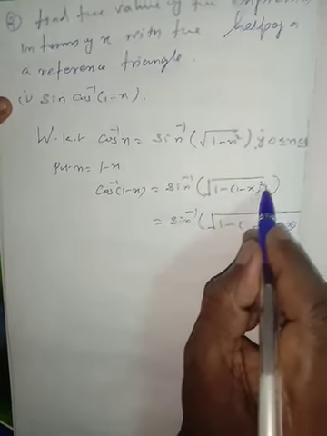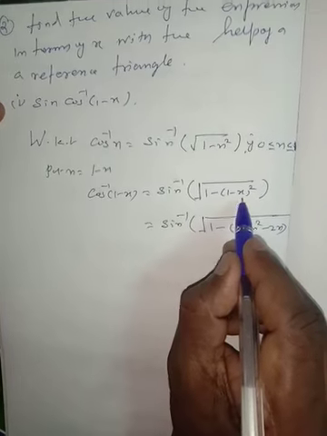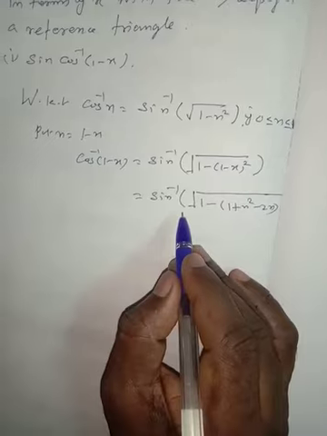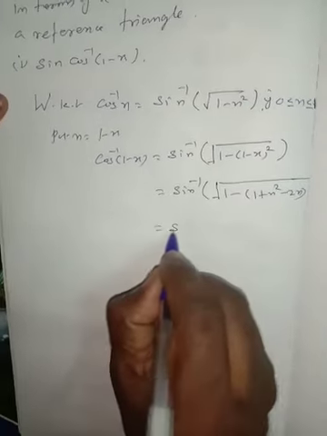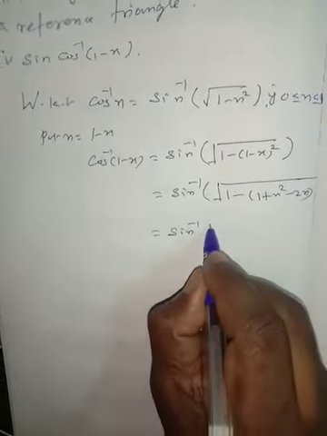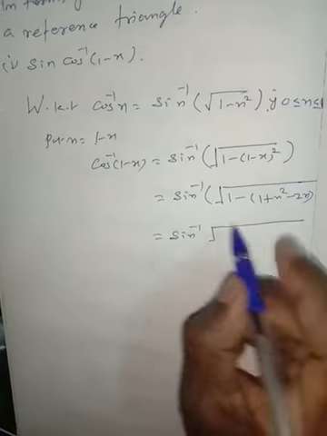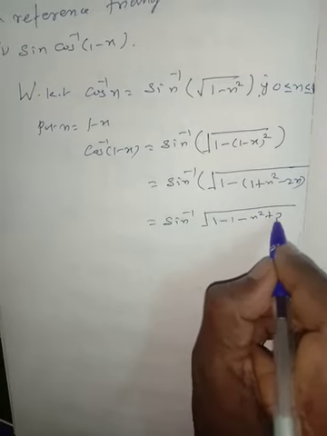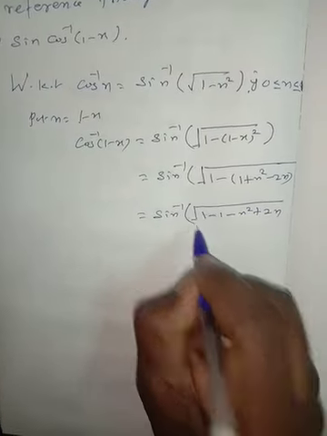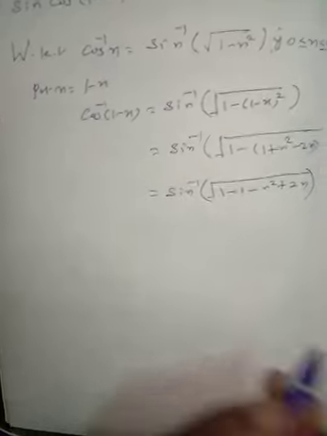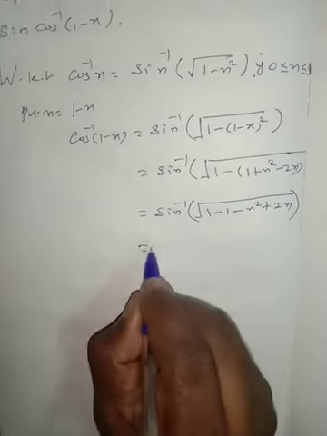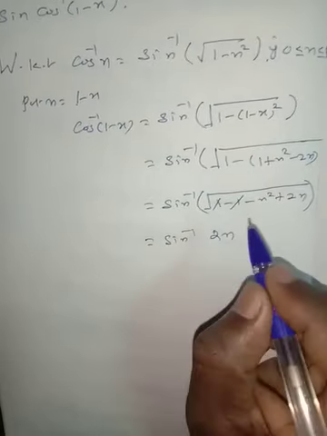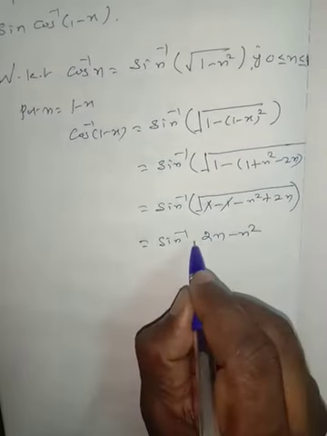We know that a minus b whole square is a square plus b square minus 2ab. Now distribute this negative sign in the bracket. We have sine inverse of square root of 1 minus 1 minus x square plus 2x. This means positive 2x, 1 minus 1 cancel, minus x square.